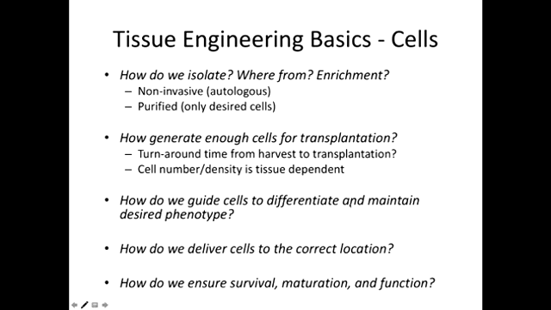So how do we manage that? How do we deliver them to the correct location so they don't just get cleared by the body or recognised as foreign? And how do we make sure that they can survive, mature and function as well? So this can take a huge amount of work and a huge amount of considerations in how to do it.